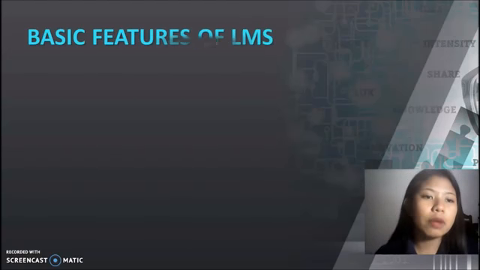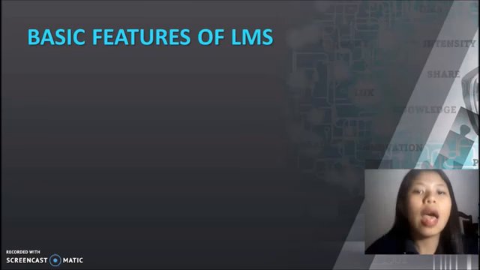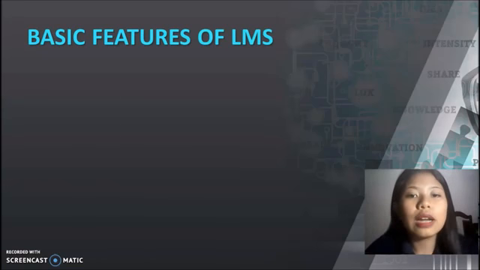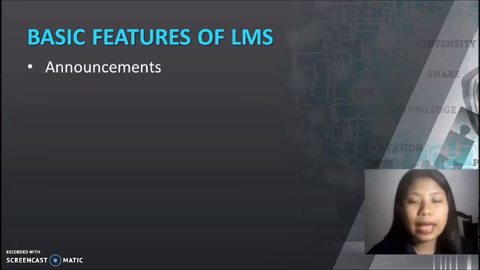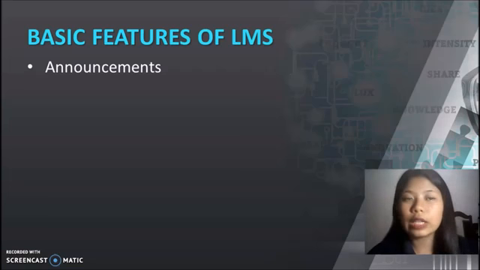Next is about basic features of LMS or Learning Management System. The first one is announcement. Announcement is the place where the teacher communicates important updates to the class. So here the student can get information from the teacher.